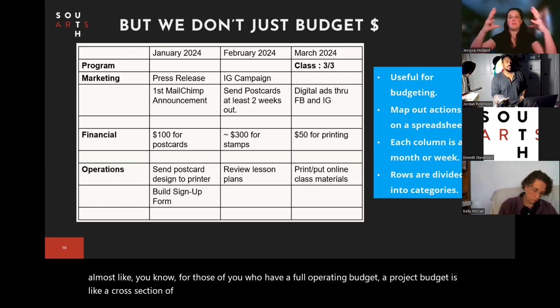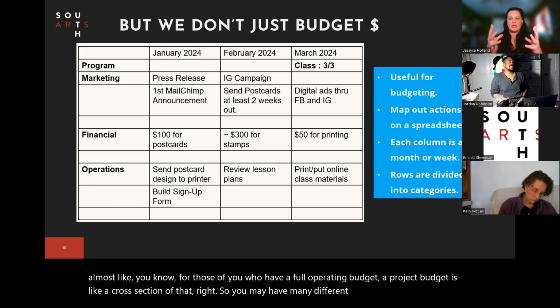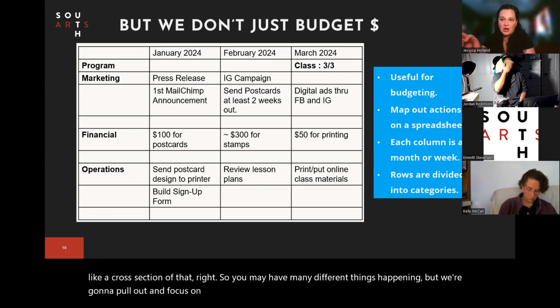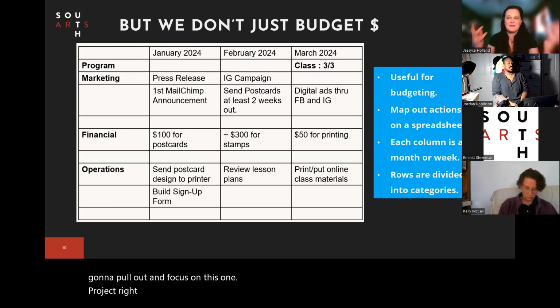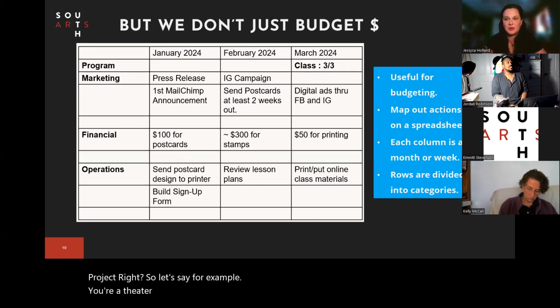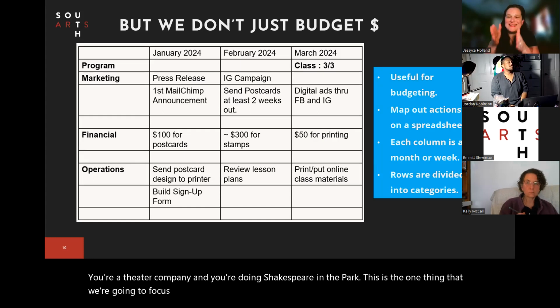So you may have many different things happening, but we're going to pull out and focus on this one project. Let's say, for example, you're a theater company and you're doing Shakespeare in the Park. This is the one thing that we're going to focus on. What does that one project cost?